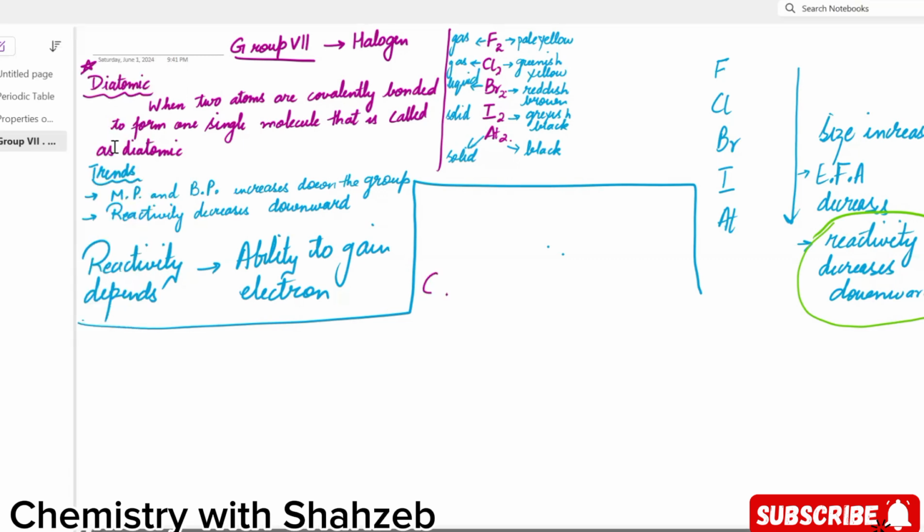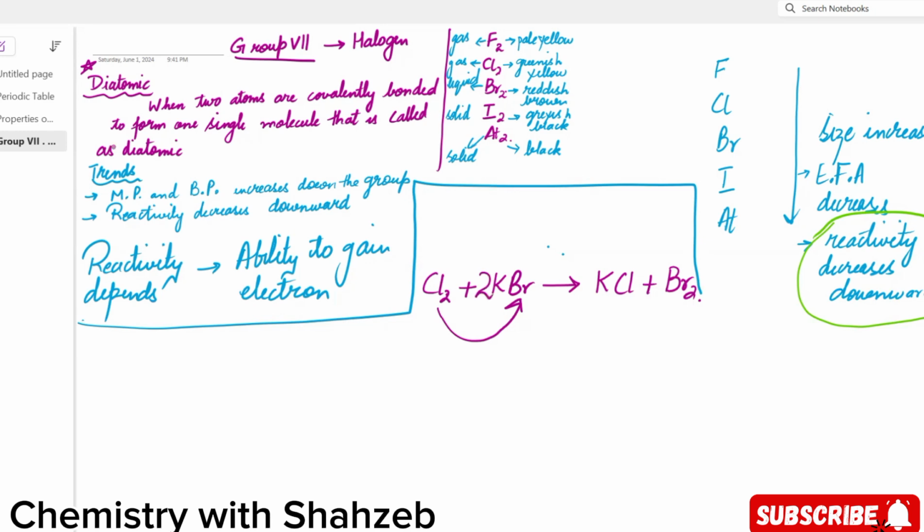For example, if chlorine gas is bubbled through potassium bromide, chlorine is up in the group and bromine is downwards, so chlorine must be more reactive than bromine. So it would displace the bromine and form KCl plus Br2.